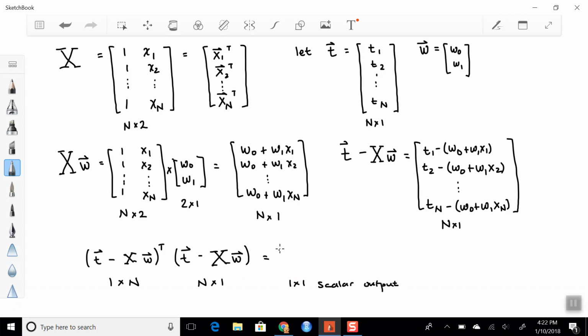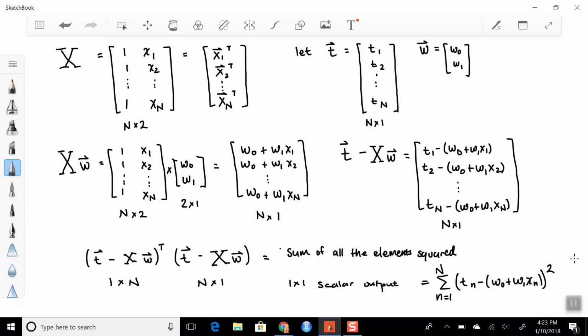And this is going to be effectively the sum of all the elements squared. So it's equal to the sum of t sub n from n equals 1 to capital N minus w0 plus w1 xn, squared. Is that it? There's a squaring term.